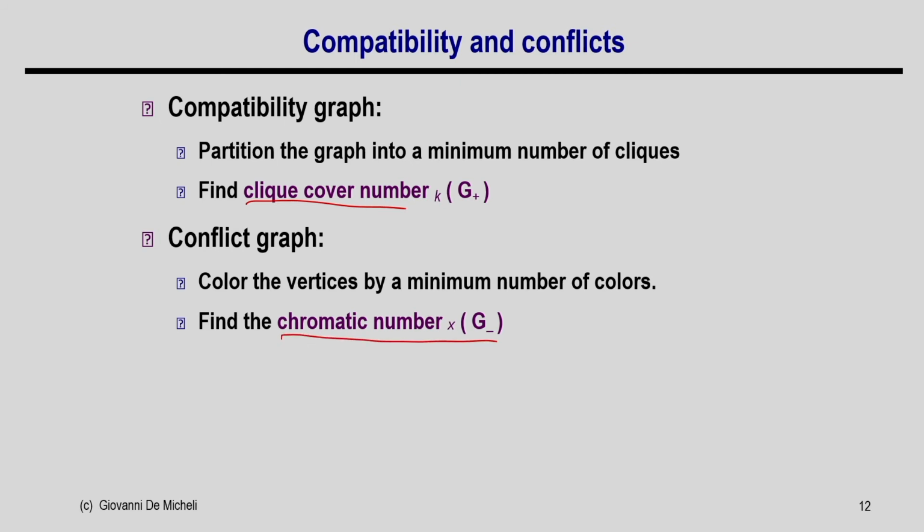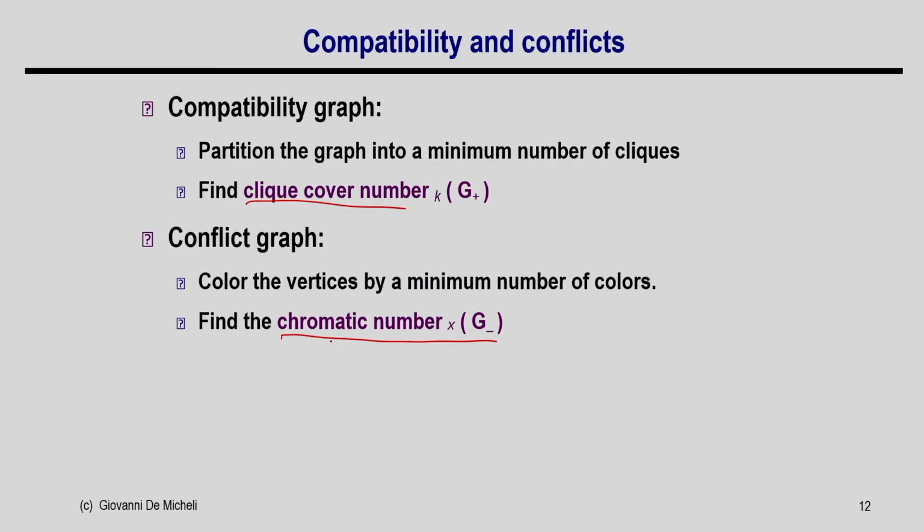The chromatic number is the minimum number of colors needed, right. So, identifying the minimum colors needed to color the graph is nothing but this chromatic number, and this minimum number of colors is the number of FUs, and similarly the minimum number of cliques is the number of FUs needed. So, this is how I map this allocation and binding problem to either the clique cover problem or finding the chromatic number of a graph. Okay.